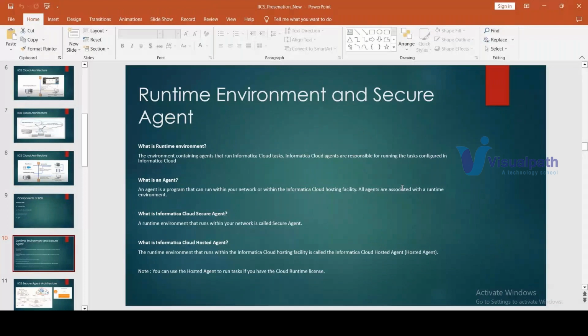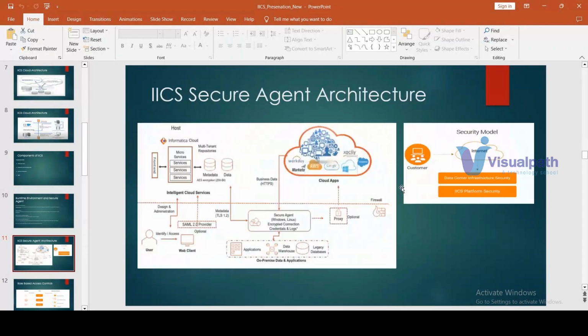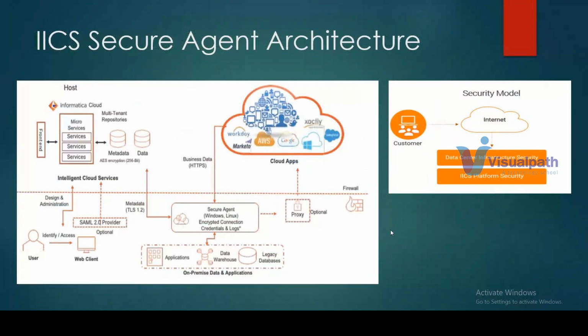The next one is about the security model. As I keep telling, you have different microservices architecture: design, administration, identity, access. So the security model is based on what? You have data center infrastructure security and your IICS platform security, as Informatica defines.